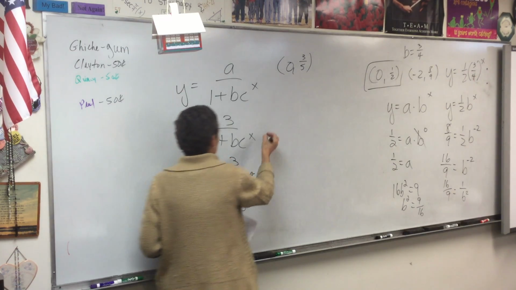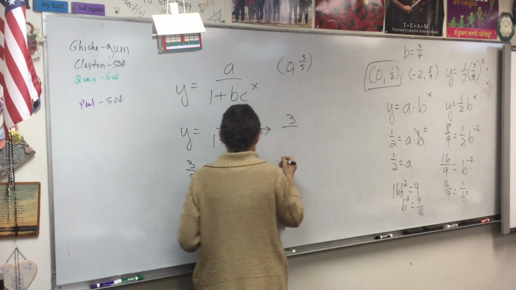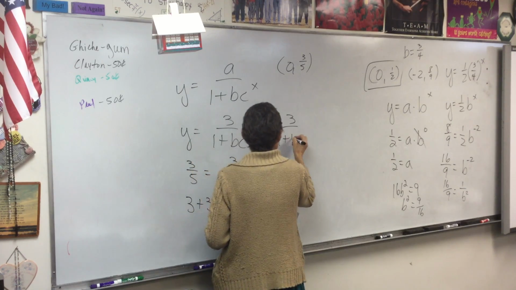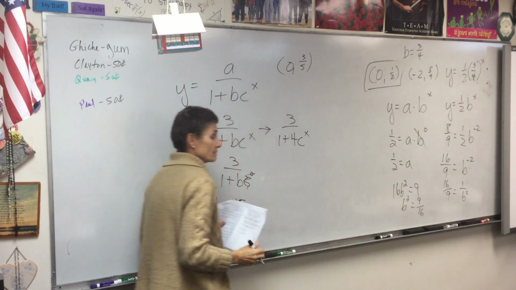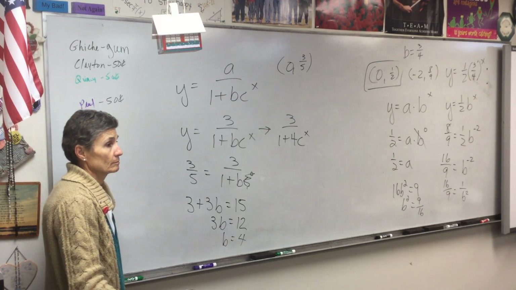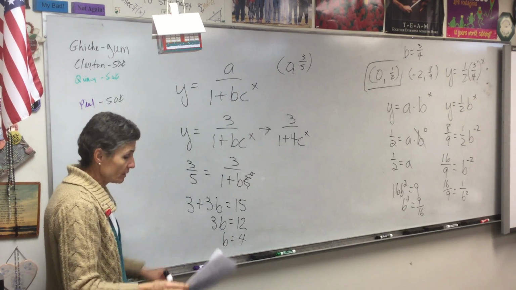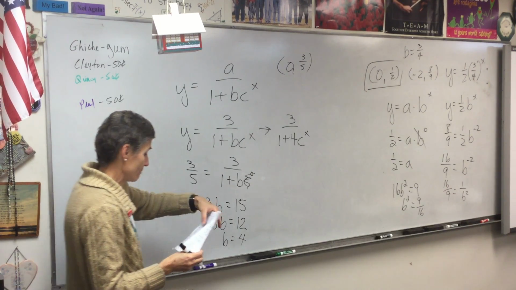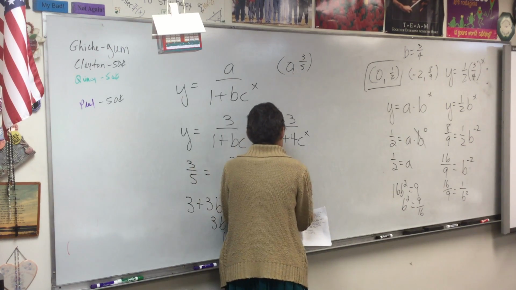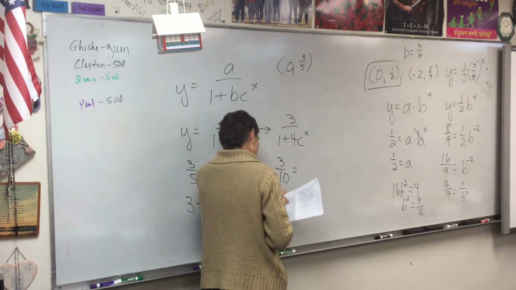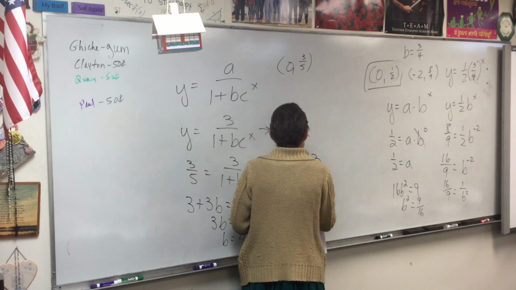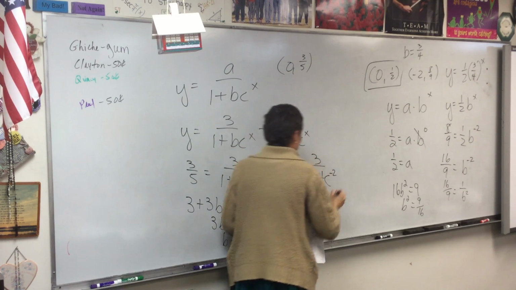So now my equation is 3 over 1 plus 4c to the x. Now I'm going to put in the other point they gave me, which is 3/10 for y, and -2 for x.